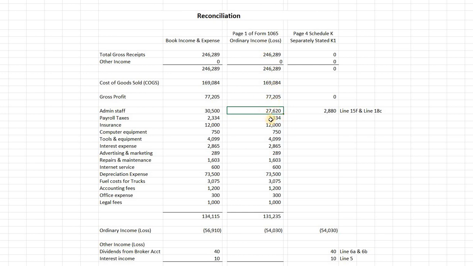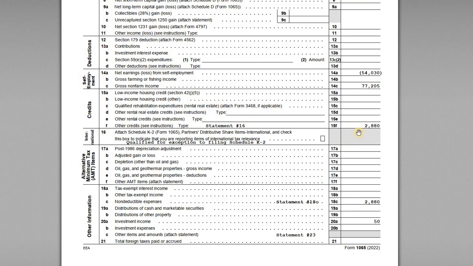It's only $27,620, because if we're going to claim a credit for work opportunity tax credits, we can't also deduct the same amount. So the IRS makes us adjust the deductible amount by the amount of credit. On our page 1, we report a lower deductible expense, but we also have a tax credit on the Schedule K for the $2,880.